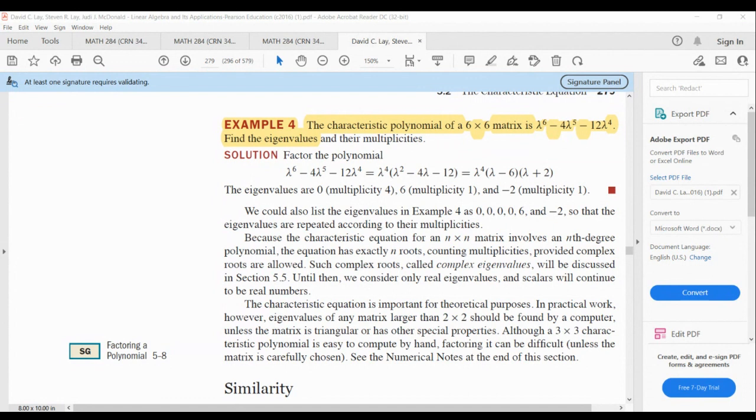It's a 6-degree polynomial, so there should be 6 factors, right? 6 factors, and there are. And eigenvalues are 0, 4, and -2, with multiplicities 4, 1, and 1 respectively. Are there any questions on that?